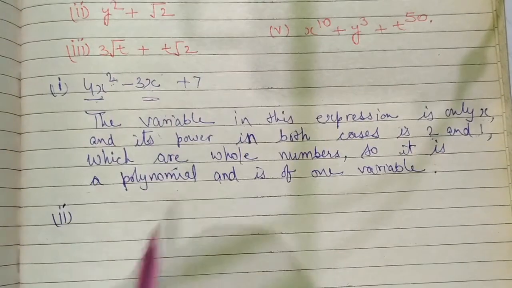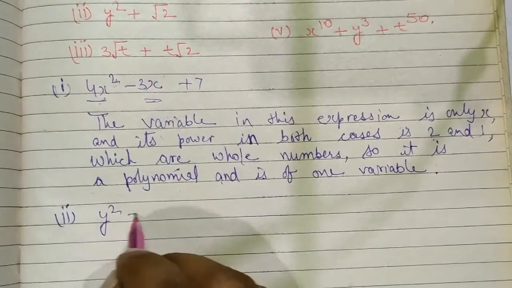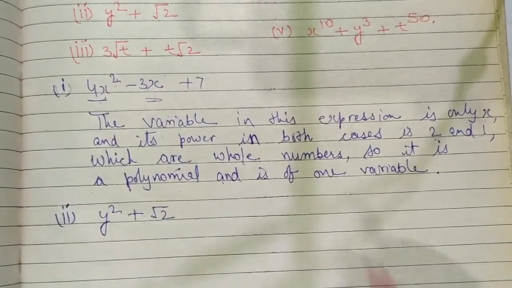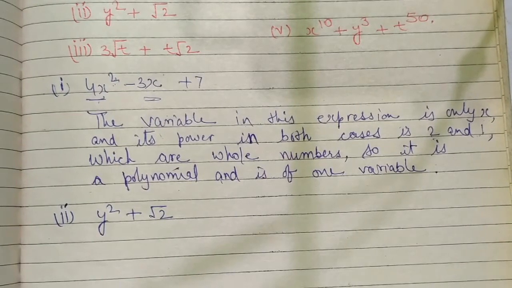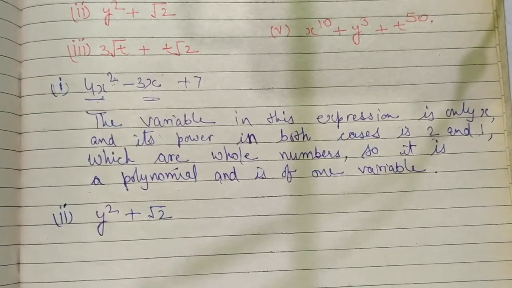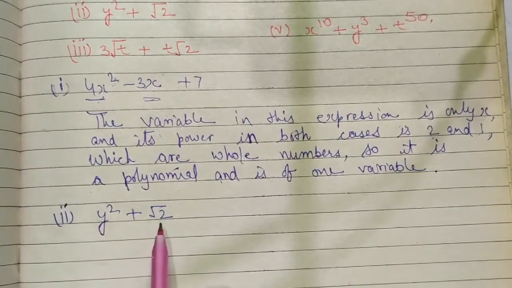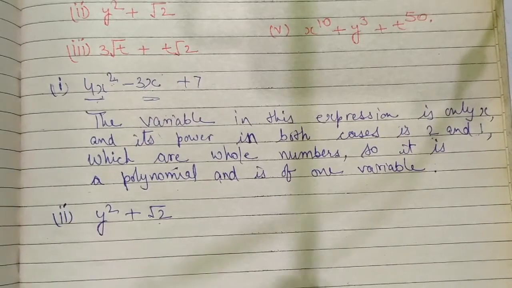Now we'll solve the second one, which is y square plus under root 2 or square root 2. Okay, now we need to consider only the variable, not this one, so there is no confusion in it.